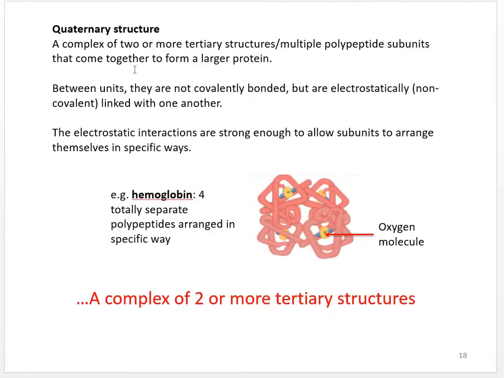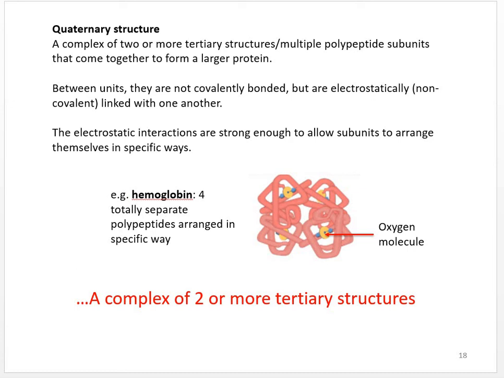So this is called a quaternary structure. It's a complex of 2 or more tertiary structures, or you can call them multiple polypeptide subunits that come together to form a larger protein. Between the units, they are not covalently bonded but are electrostatically linked with one another.